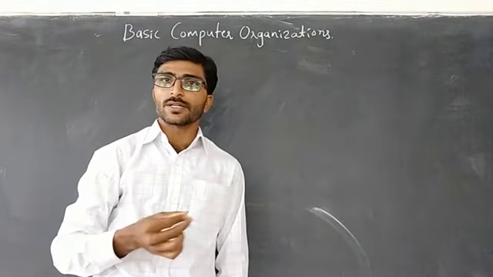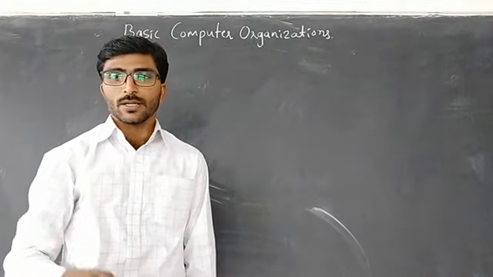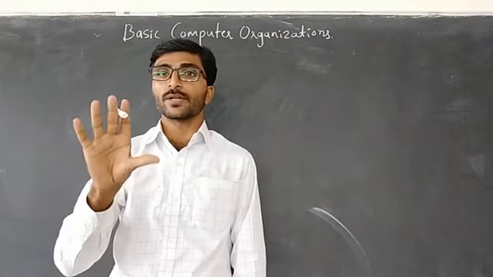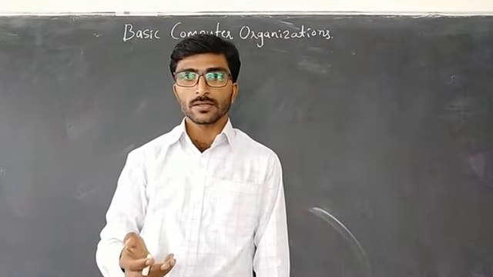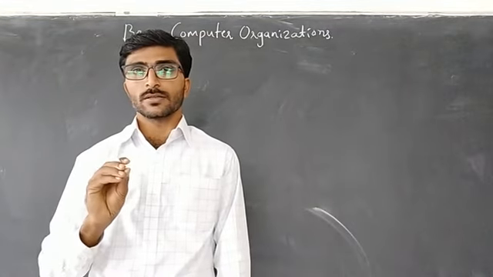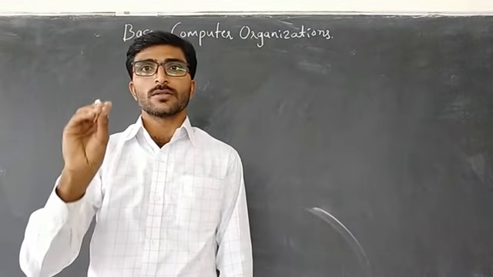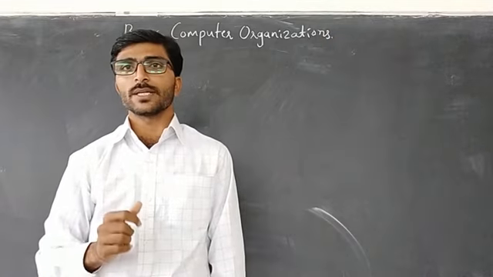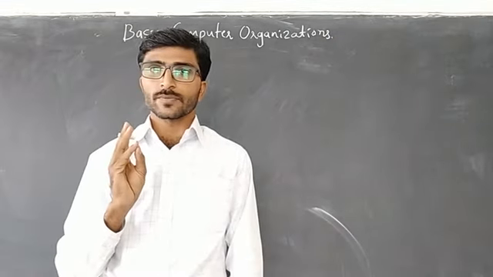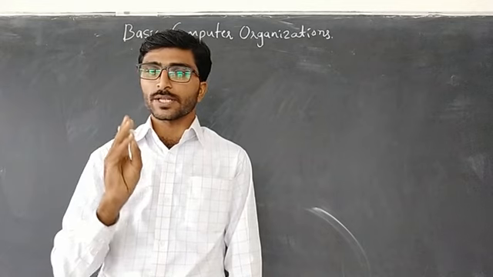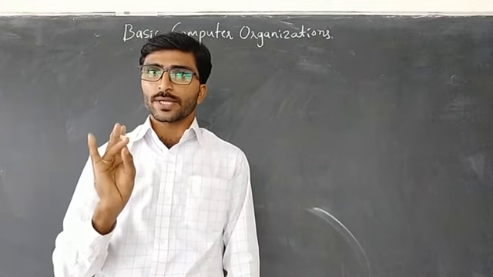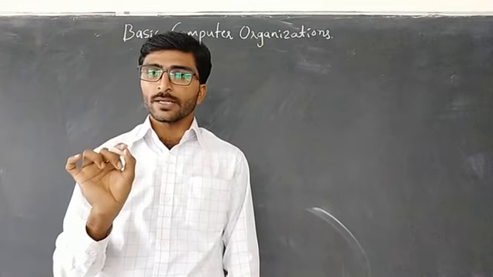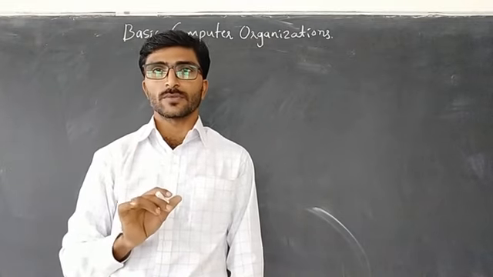The basic computer organization. Mainly the computer system performs 5 tasks. How many tasks? The 5 tasks the computer will perform. What are those? The first one is inputting, then storing, processing, outputting, and the last one is controlling.